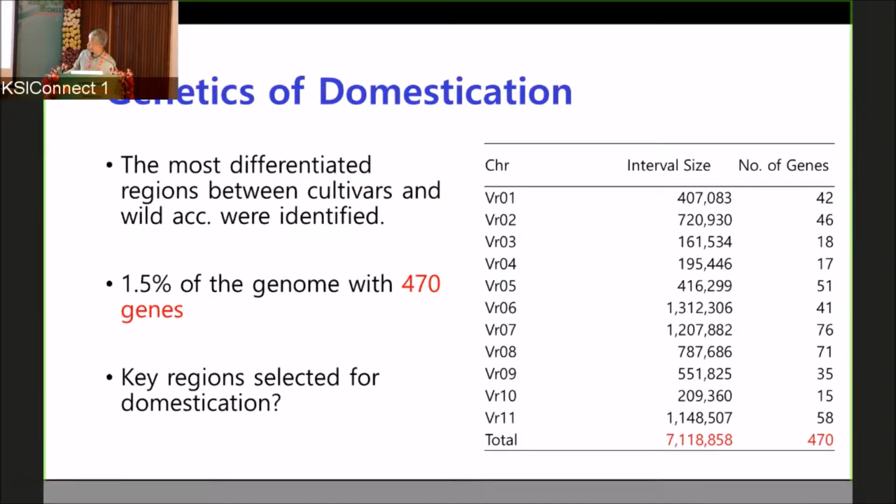However, we do not know exactly whether these are the key genes in the selected genomic regions for domestication. So we are now trying to see in detail what the genes are in those genomic regions.